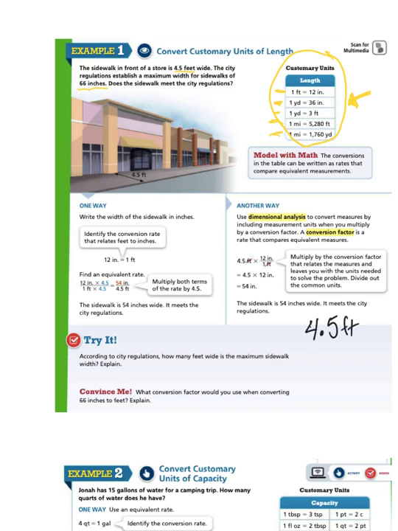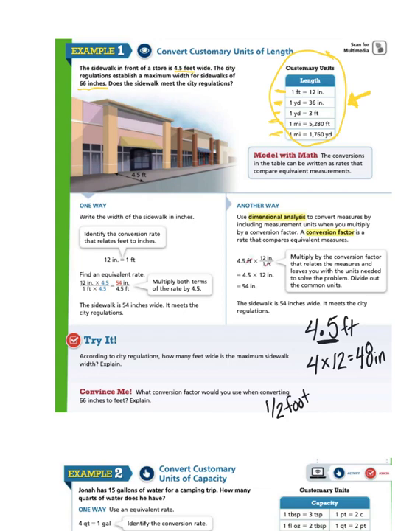Well, in order to figure out how many inches 4 feet is, we're going to take 4 and multiply that by 12. Well, 4 times 12 is 48 inches. Then we have to deal with this 0.5. Well, this 0.5 is talking about 1/2 of a foot.